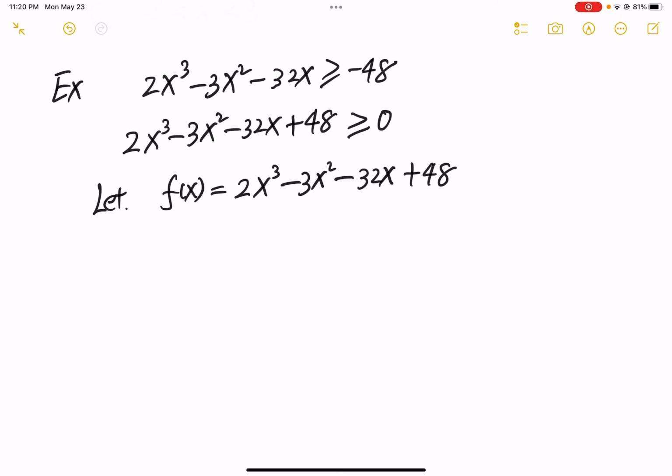We plug in the possible rational zeros to see if we can find one rational zero, then we use long division to reduce the power, from third degree to second degree. Then for the second degree, you can factorize directly, right?